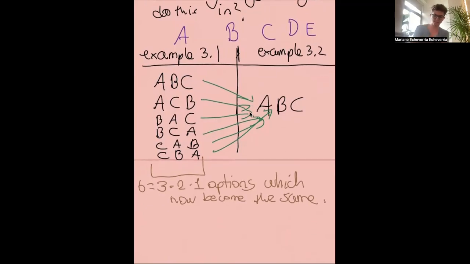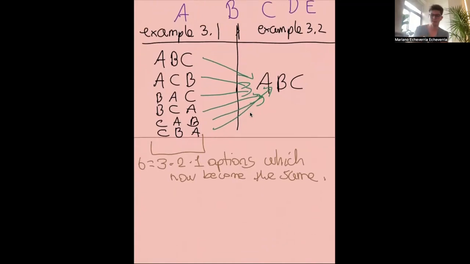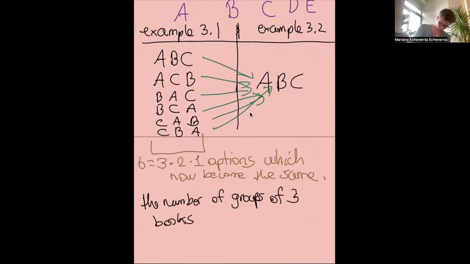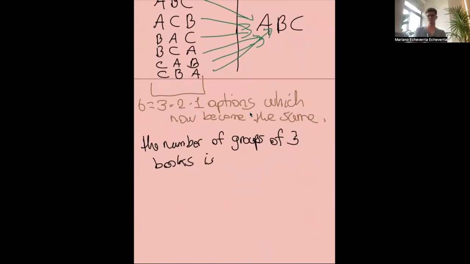So what I'm trying to say is that the solution, the number of groups of size 3, that's actually how it's referred to. So the number of groups with 3 books, the possibilities. Oh no, so good.